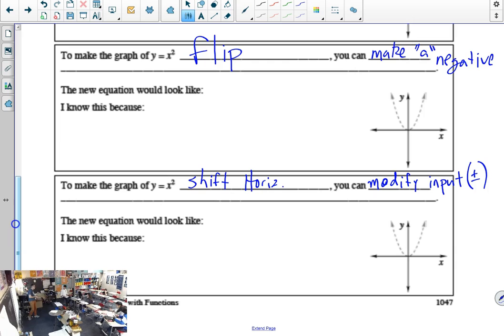We can modify the input through addition or subtraction. Now, here's the trick, and this comes down to your options. If you write it like x plus h squared, it does the opposite of what h would make you think. So, if h is -3, it actually goes right.